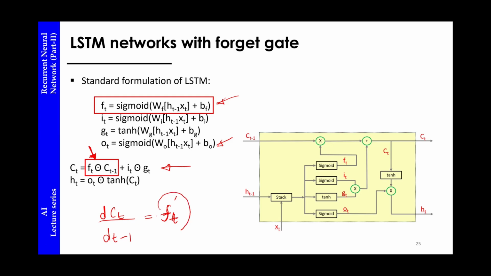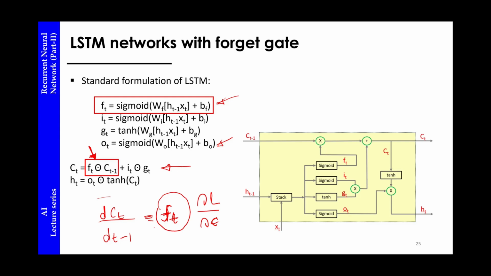It will depend on the value of f_t. We just show it with f_t because f_t is the output of the sigmoid, so we can avoid f_t prime. Here, the result of the partial derivative of L with respect to C will depend on the f_t value.